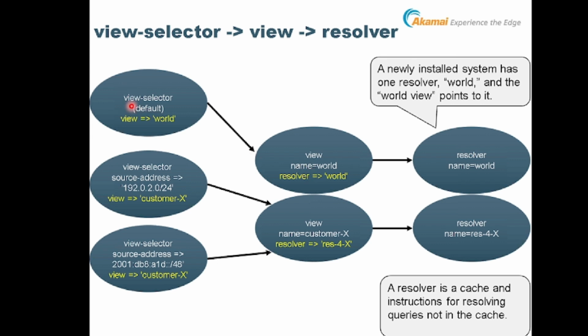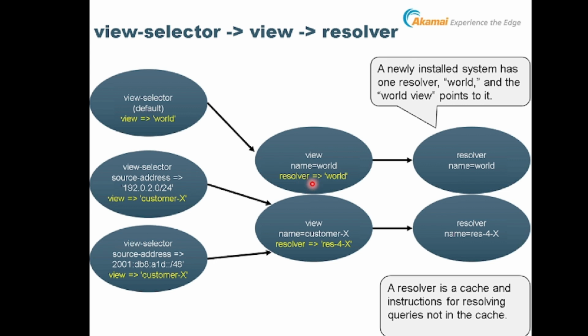And in auth-serve, the view selector is also squeezed into the view in the form of a match statement on the view. So in auth-serve, all of this information is stuffed into the view, and so the view has a lot of things in it. Whereas in CACHESERVE, it's all spread out to all these different pieces.